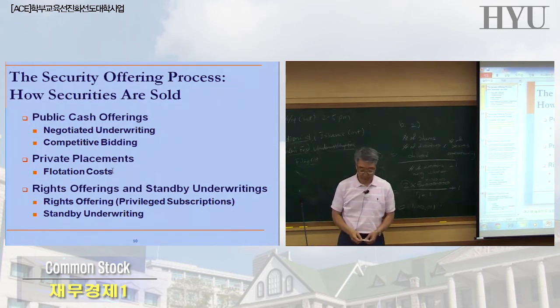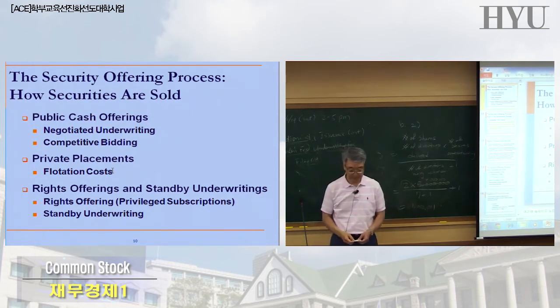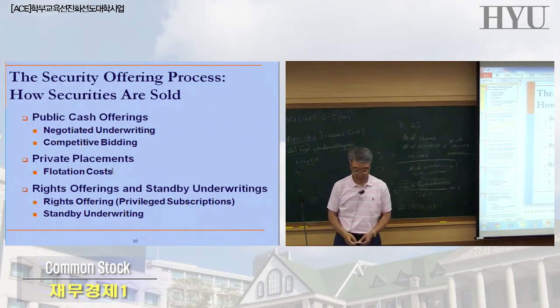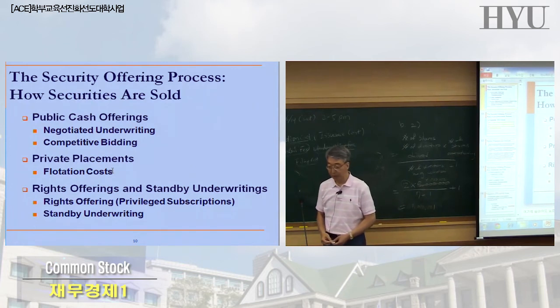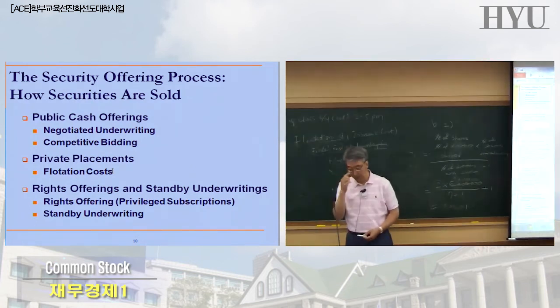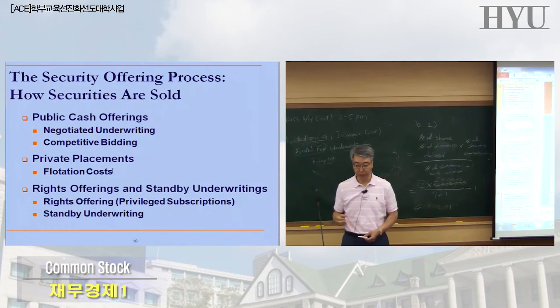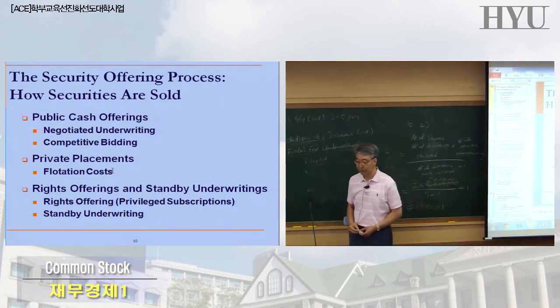Finally, the rights offering and standby underwriting. Rights offering, sometimes it's called privileged subscription, okay, is the case when the company is trying to sell new shares to existing shareholders, okay, by giving the special rights, something like preemptive, the similar concept of preemptive rights.